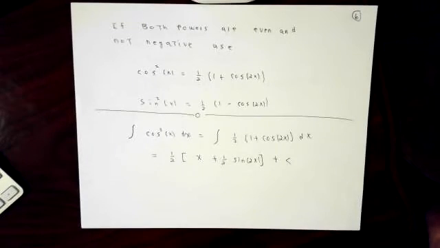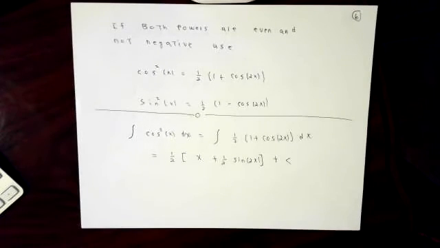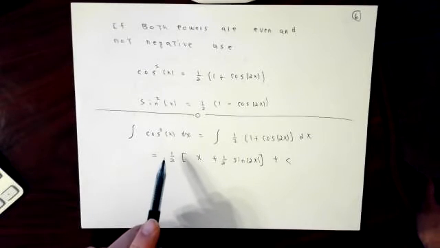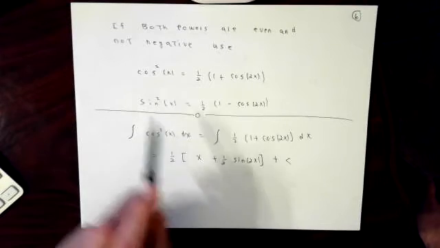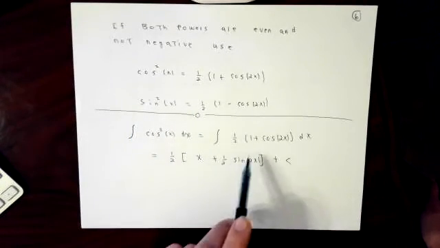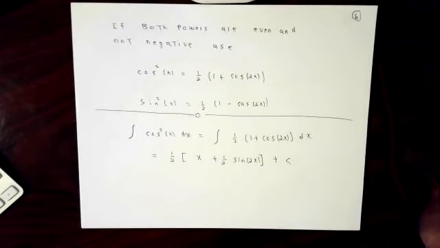If both of the powers on the sine x and cosine x are even whole numbers and not negative, which includes 0, then we're going to use these two identities. For example, the integral of cosine squared of x dx is the integral of, use the trig identity to rewrite cosine squared of x as 1/2 times (1 plus cosine 2x).